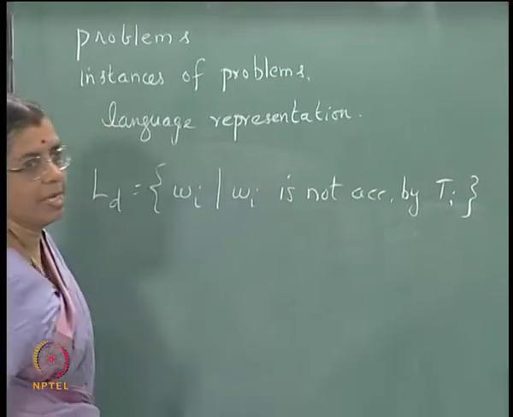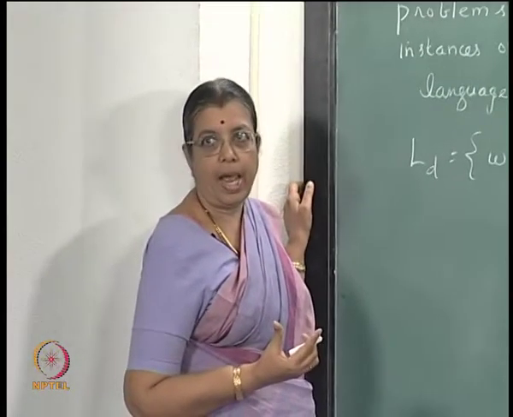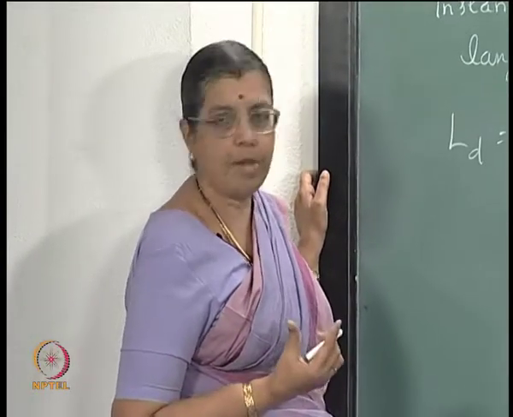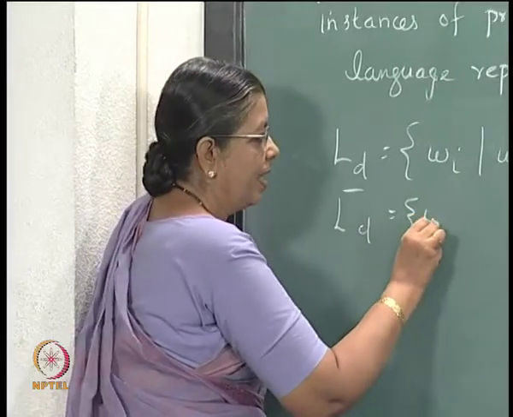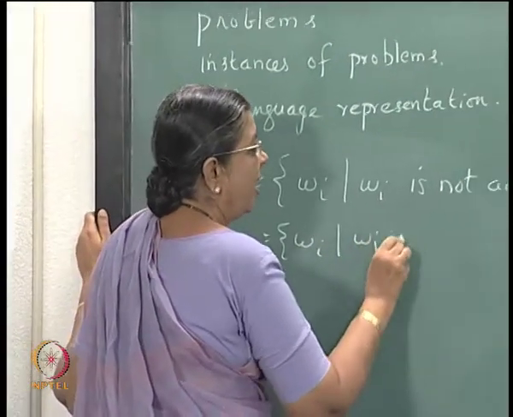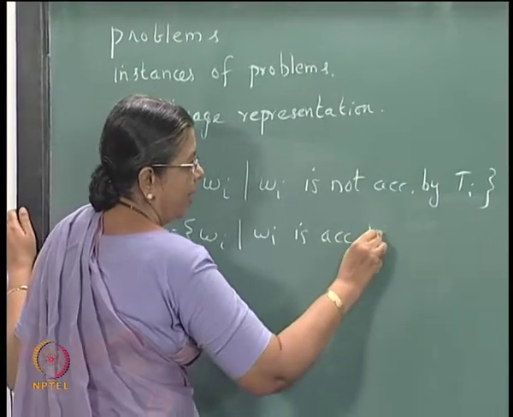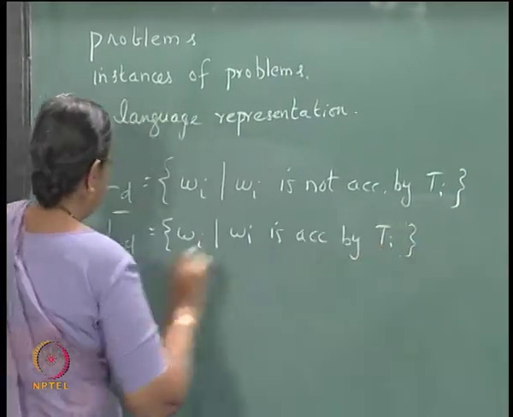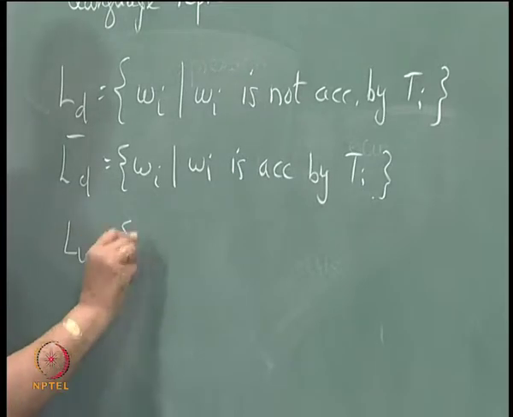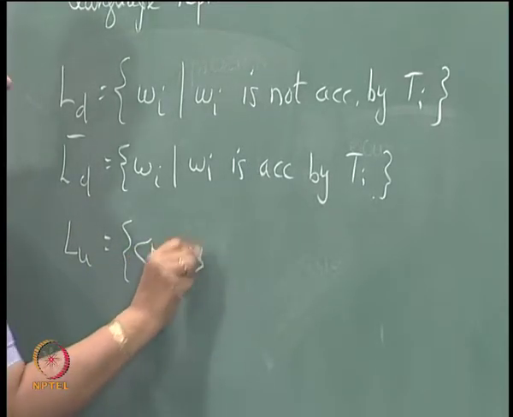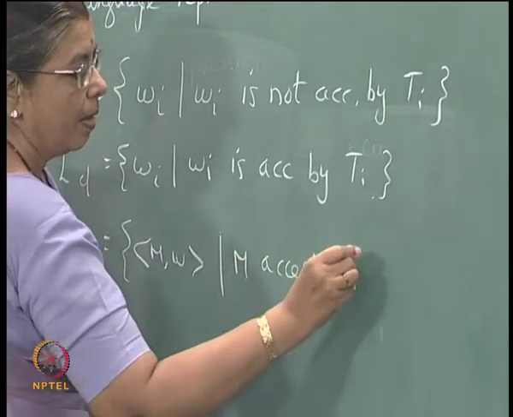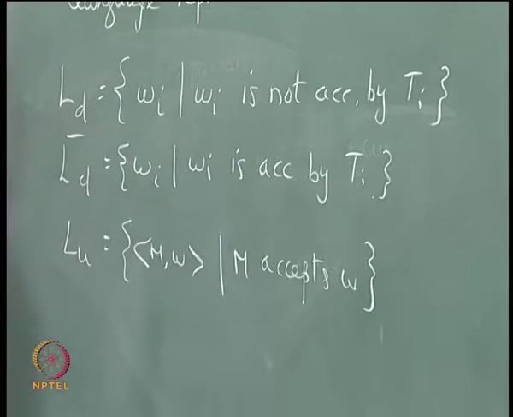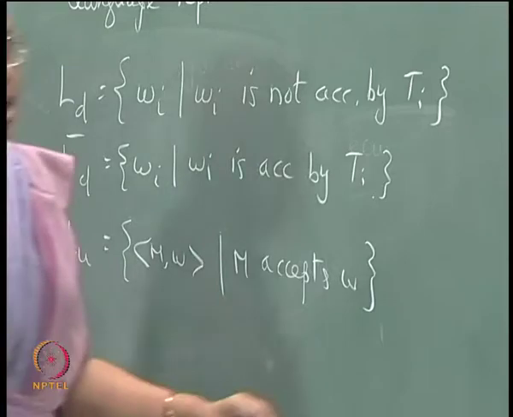We know that the Turing machine can be encoded using 0 and 1 and they can be enumerated. LD bar is the complement of that, that is, Wi such that Wi is accepted by Ti. And LU is the set of strings M W, M accepts W, right, the universal language. Now, LU and LD bar are here.